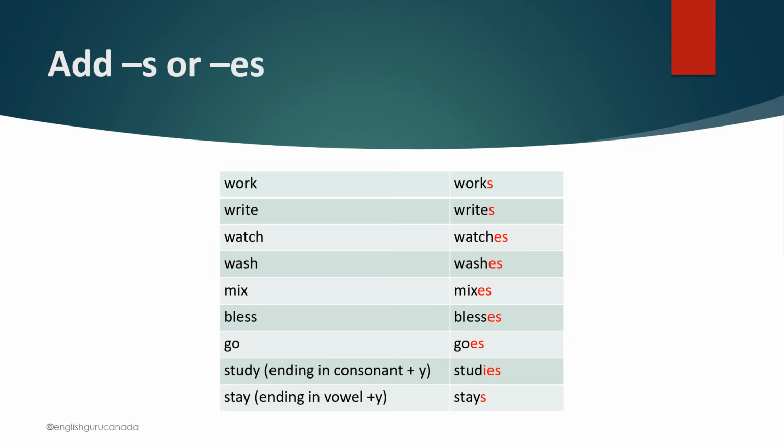Go, goes. Now, if you look at these words, you would notice that the rule is the same that you use to form plurals from a singular word. So the words ending with ch, sh, x, ss, and o will take the ending es to form the simple present. We have some exceptions here.